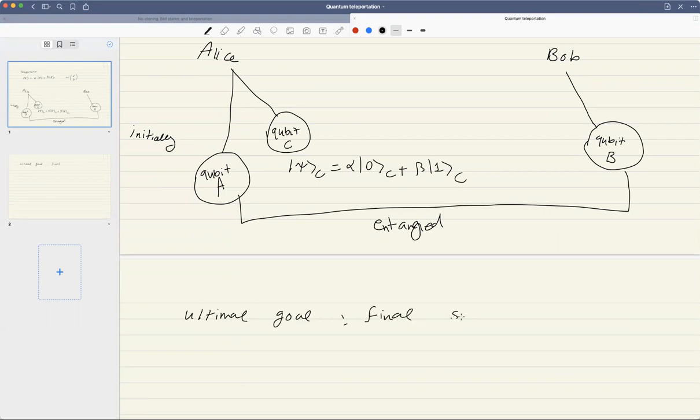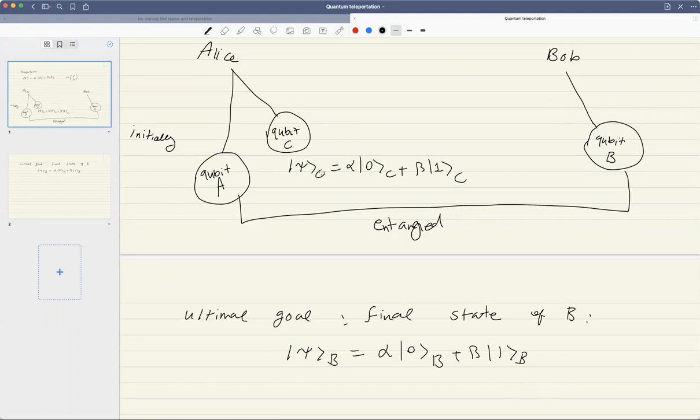Final state of B, we want it to be psi B is equal to alpha 0 of B plus beta 1 of B. So we want this B at the end of the teleportation process to be unentangled with the rest of the system, with A and C, and have this particular state.